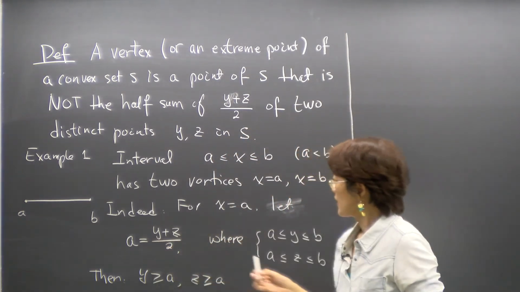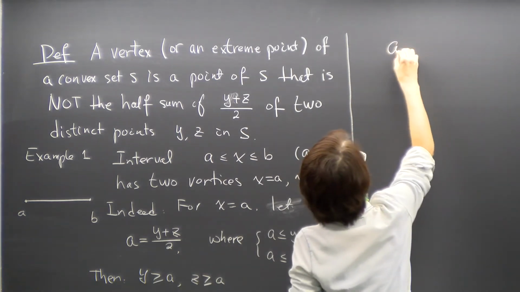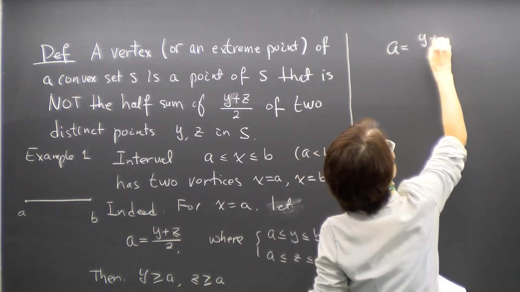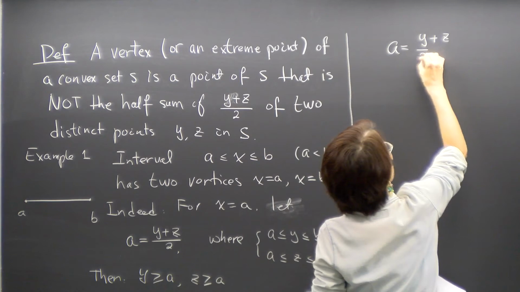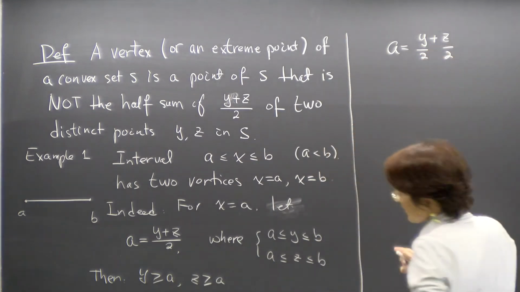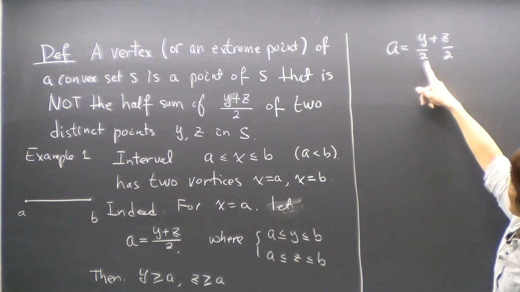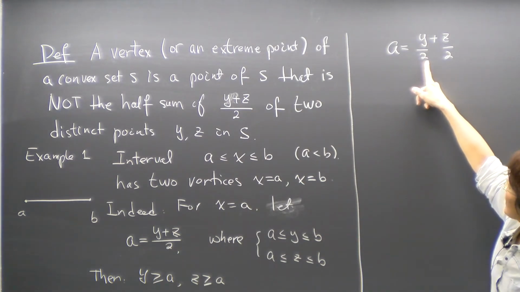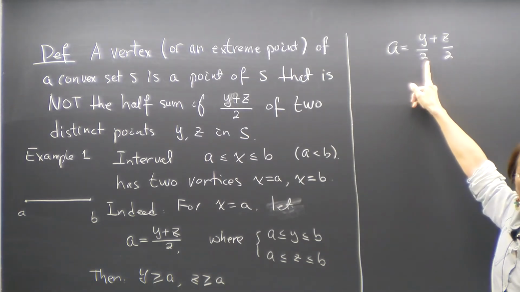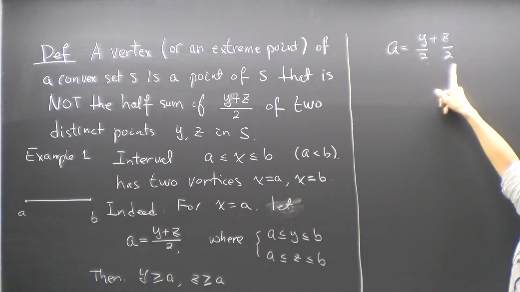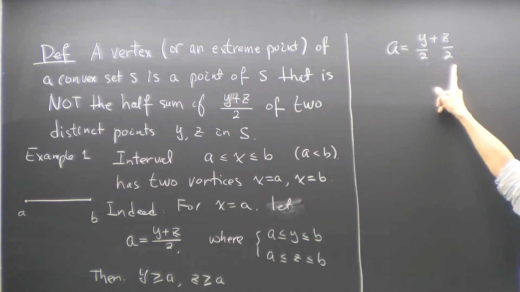So I can start from this assumption. a equals the sum of this, so a equals half y plus half z. If I replace y with a, I would get something smaller if y is not a. And if I replace z by a, I will also get something smaller.